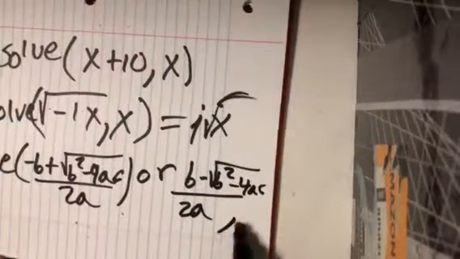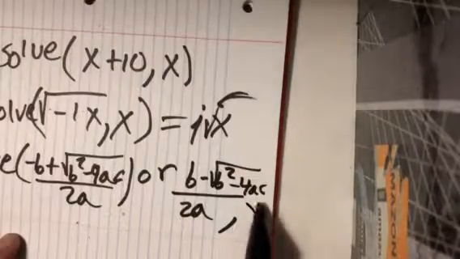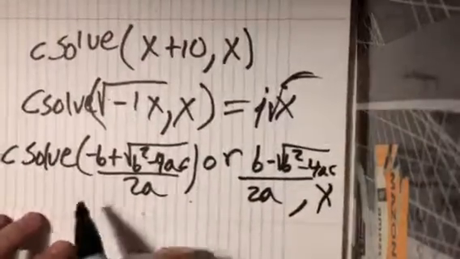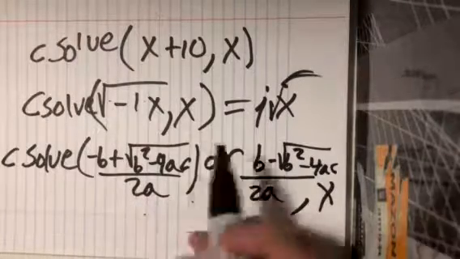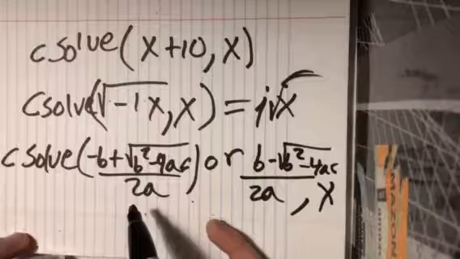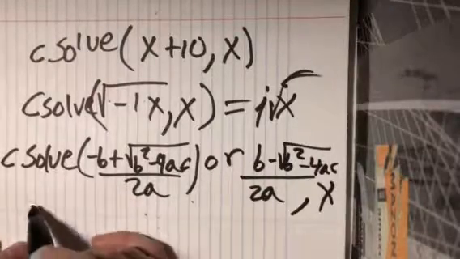And then you would say, comma, solve for x. That's the part I'm missing here, actually. X equals all this. So let me back up just a hair.